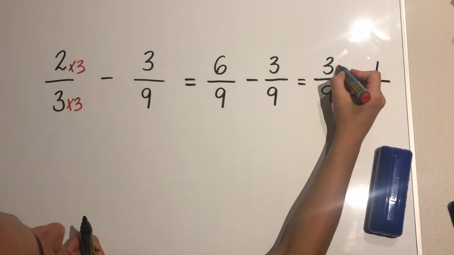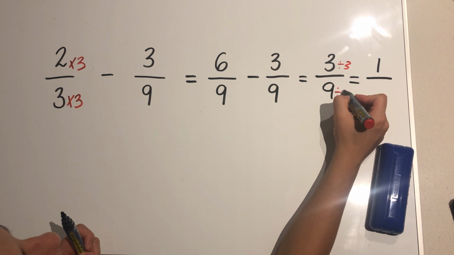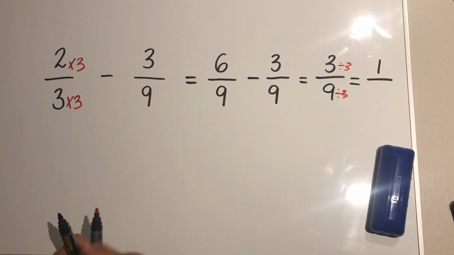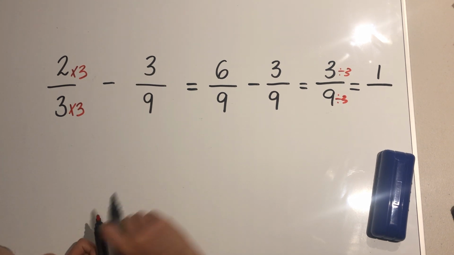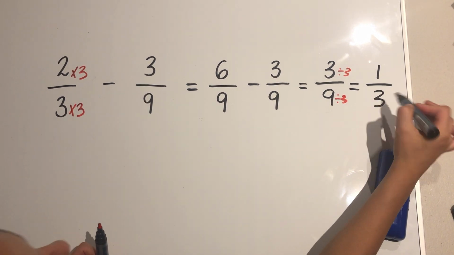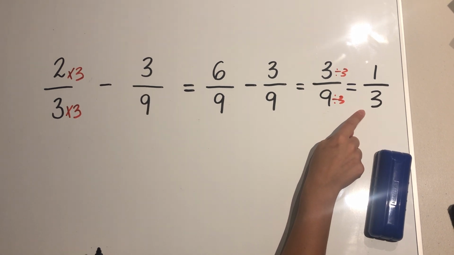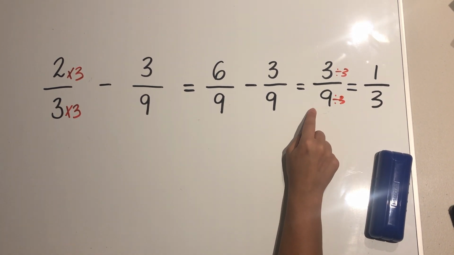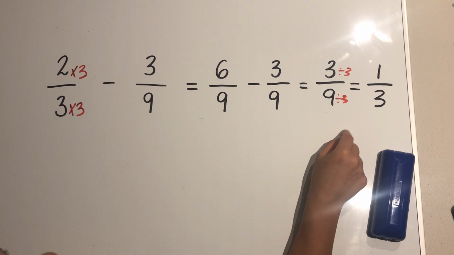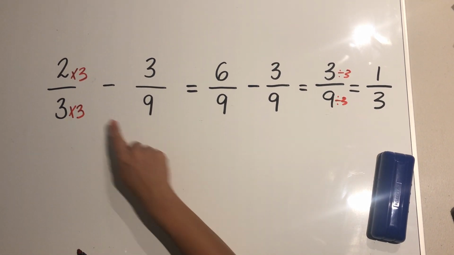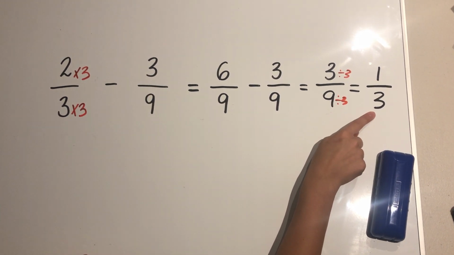So 3 divided by 3 goes into it once. 9 divided by 3, which is the same as saying how many times does 3 go into 9, is 3 times. So our simplified answer is 1/3. 3 ninths is the correct answer, but we want to make sure that we're simplifying it to the simplest form. So 2/3 subtract 3 ninths equals 1/3.